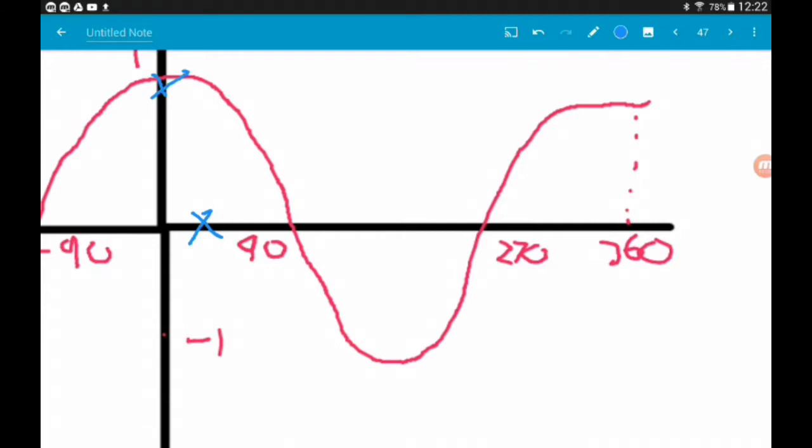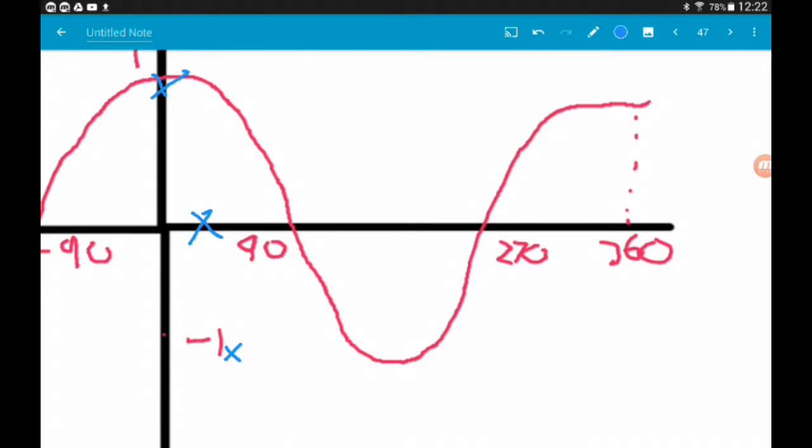Now our next important point is the coordinates of the trough of the graph. Now that trough happens at 180 on cos of theta, so on cos of 3 theta it is going to happen at 180 divided by 3. So 60. So that's going to be about that. And then our next x-intercept is at 270 on cos of theta.